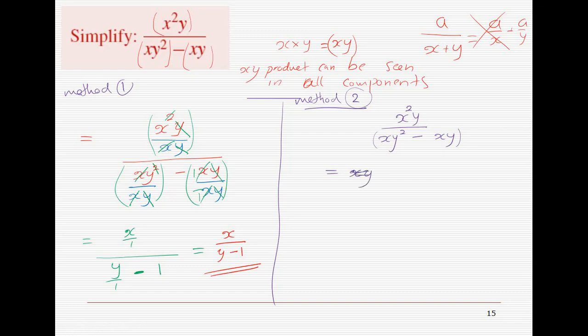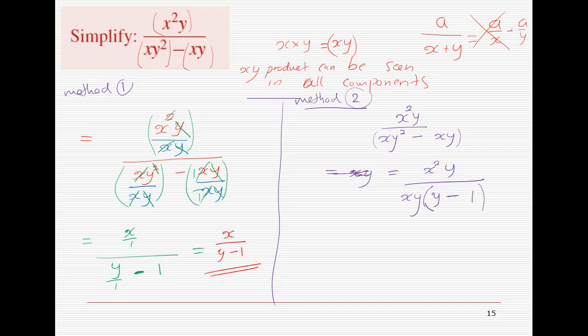Let's take x to the power 2y divided by, I'm removing xy. When you remove xy from xy to the power 2, what comes is just y. Now multiply and see, you get xy to the power 2. So there is no harm done removing xy and putting y here. Minus, when you remove xy from this component here, that becomes 1.